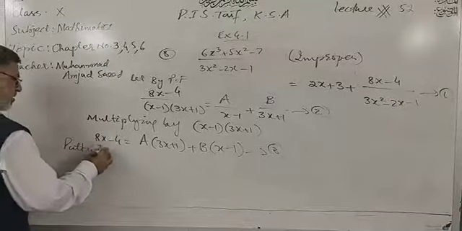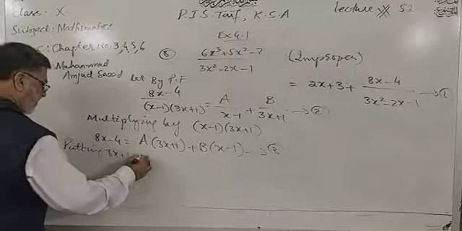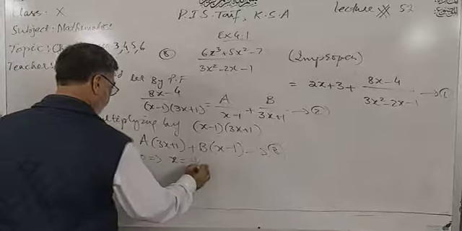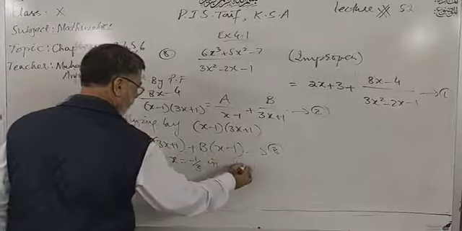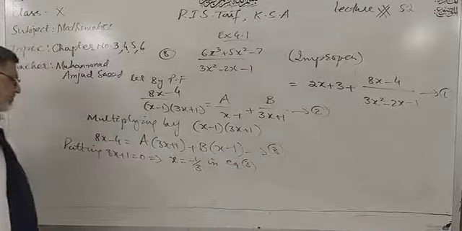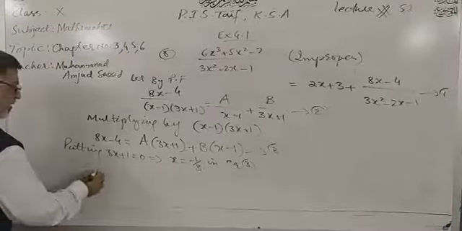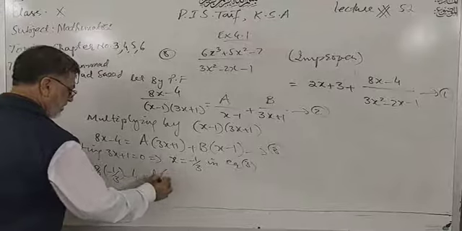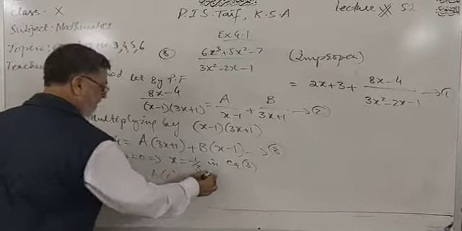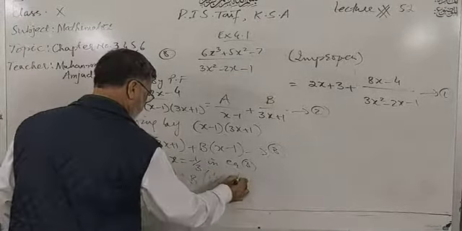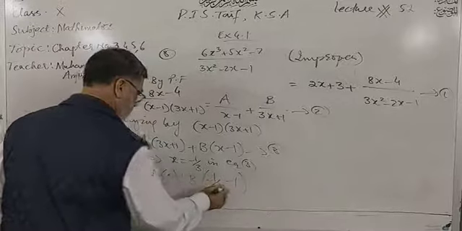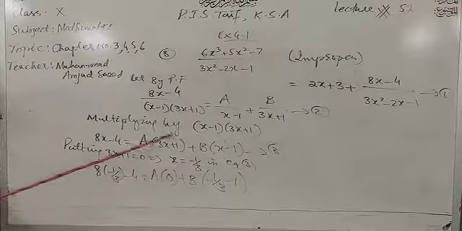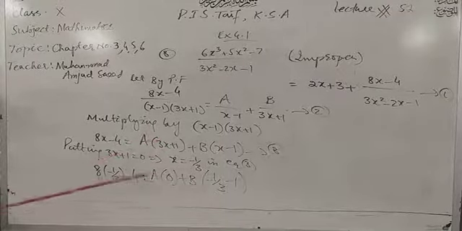Putting 3x plus 1 equal to 0 implies that x is equal to minus 1 by 3 in equation number 3. 8 into minus 1 by 3 minus 4 equals A into 0 plus B into minus 1 by 3 minus 1. Here x is minus 1 by 3 minus 1 and here 3x plus 1 is 0.